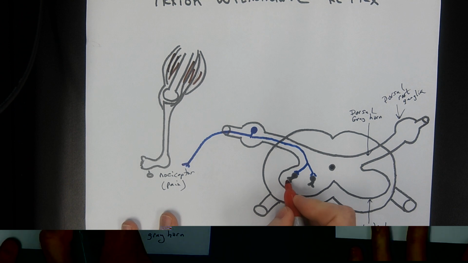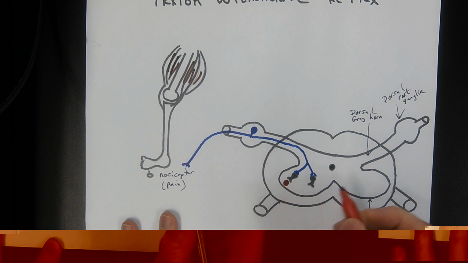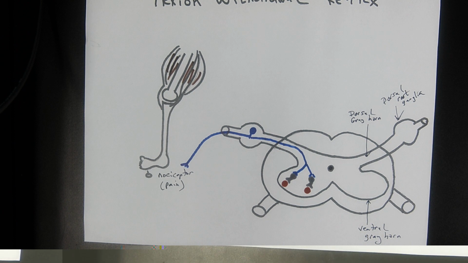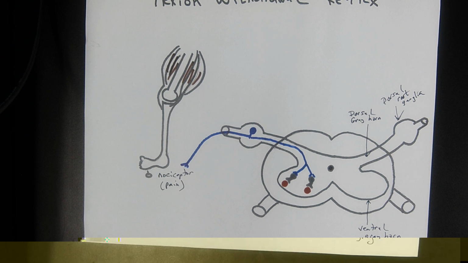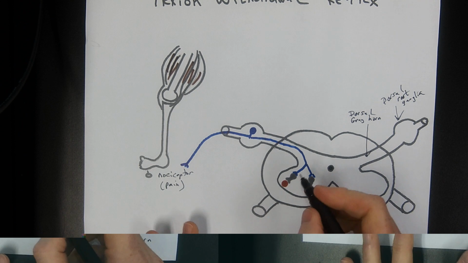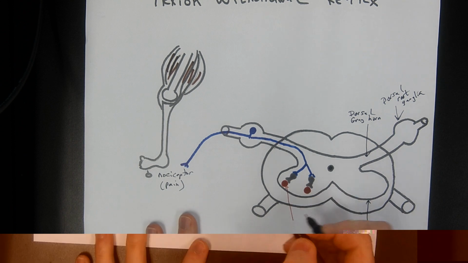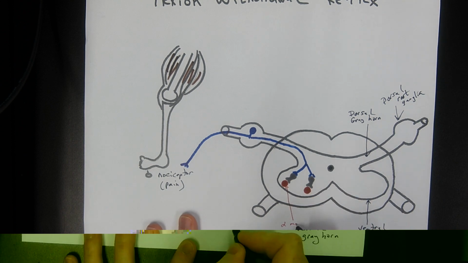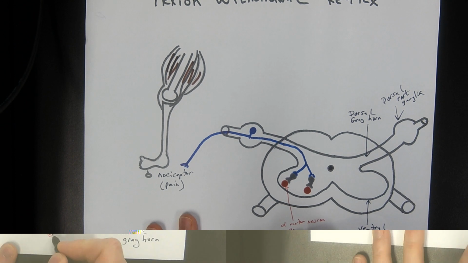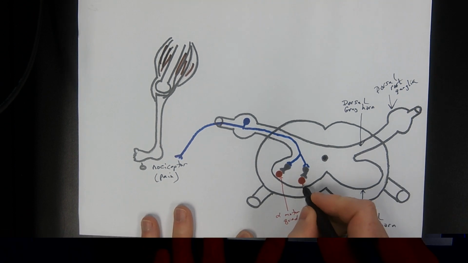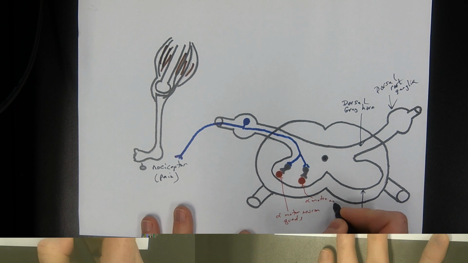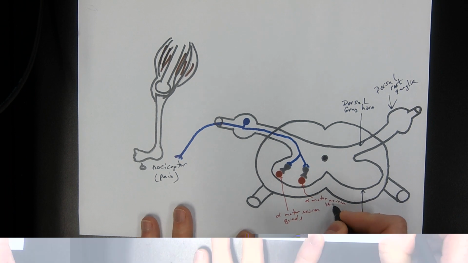I think before I put the quadriceps alpha motor neuron here, and the hamstrings here, and I'll go ahead and label those. So this is my alpha motor neuron for the quads, and this is the alpha motor neuron for the hamstrings.